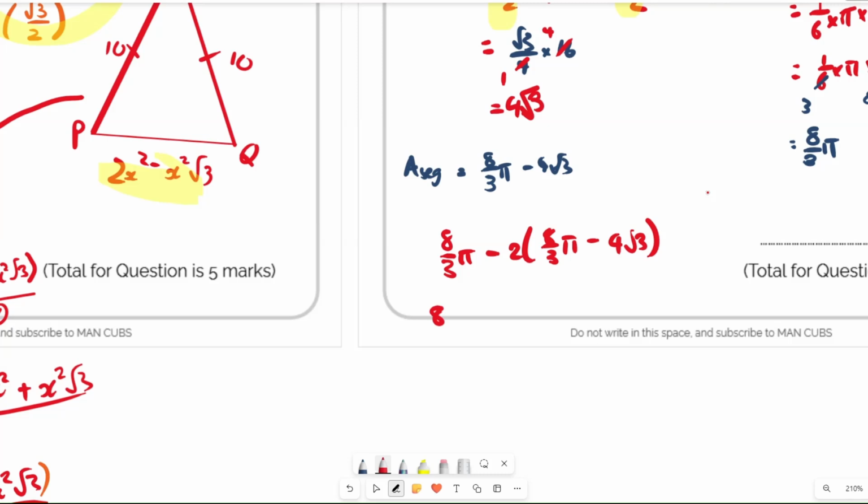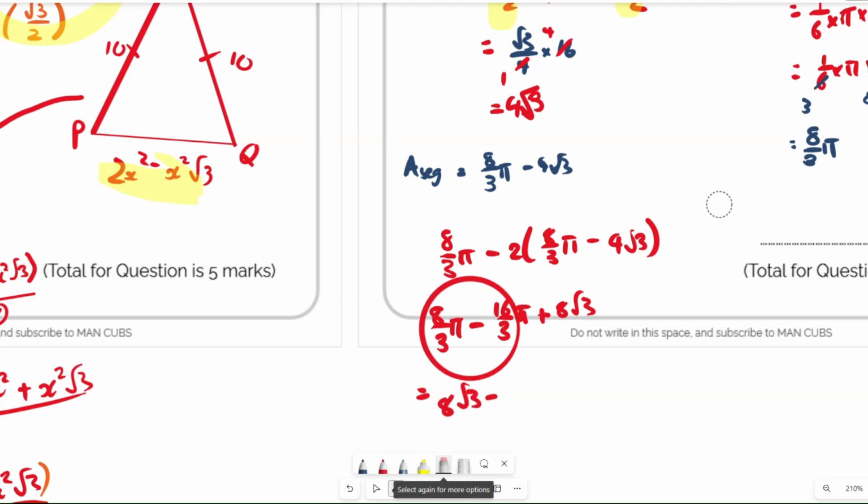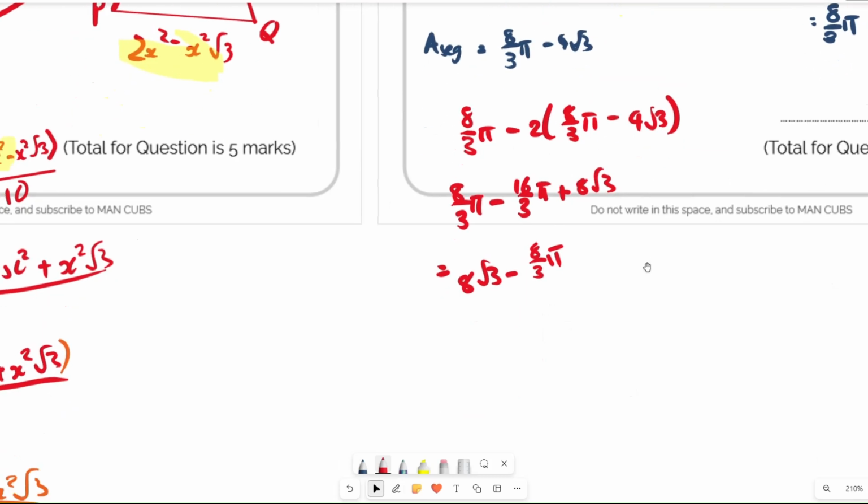So it's going to be 8 over 3 pi minus 16 over 3 pi plus 8 root 3, and we're going to simplify this down, so we're going to get 8 root 3 minus, if we look at it closely, it's going to be minus 8 over 3 pi, and we're going to multiply that by 2 because we have 2 lots of it, and then we're going to end up with an answer of 16 root 3 minus 16 over 3 pi centimeters squared.